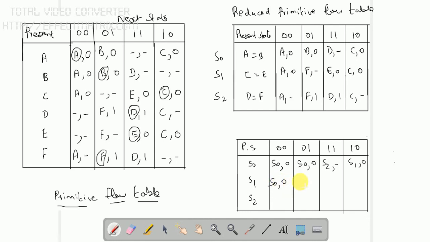F comes under S2, so S2 comma dash, S1 comma 0, and C comes under S1, so S1 comma 0. Again S0 comma dash, S2 comma 1, and D is again S2 comma 1 and S1 comma dash.